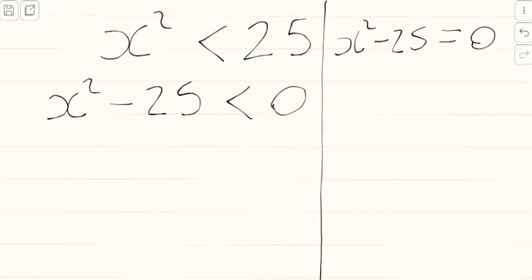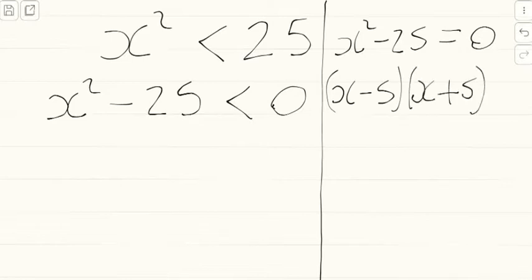And we can solve this by factorization. This is a difference of two squares. So we have that x squared minus 25 is the same as x minus 5 times x plus 5, and that's equal to 0. Which means the solutions, or in our case, the critical points, would be when x equals 5 and when x equals minus 5.